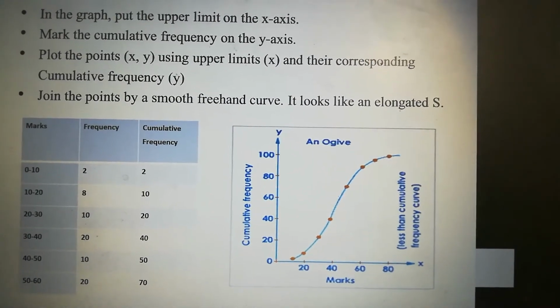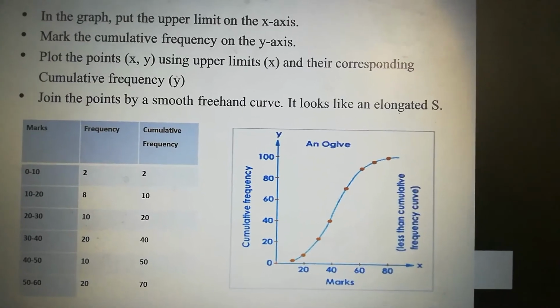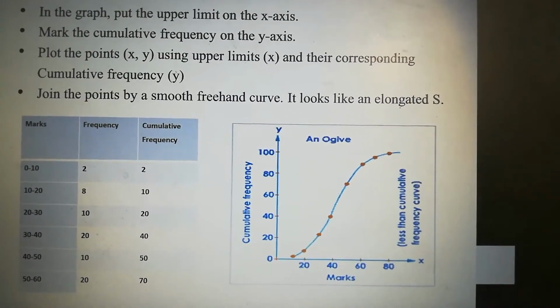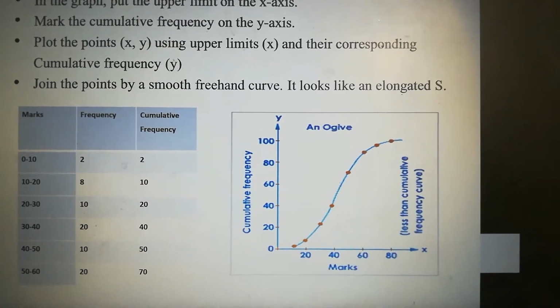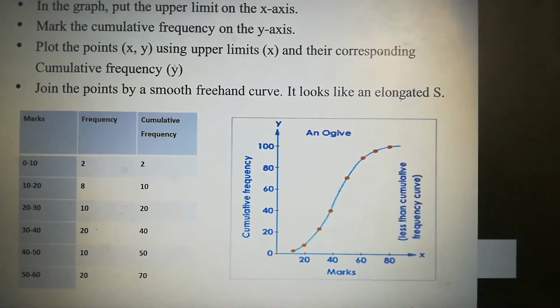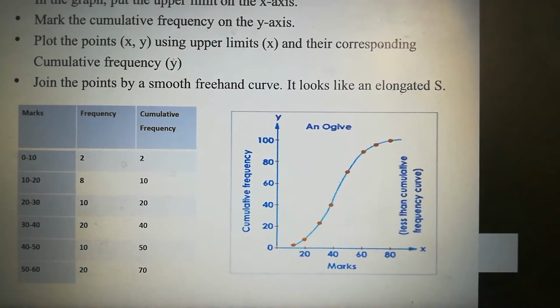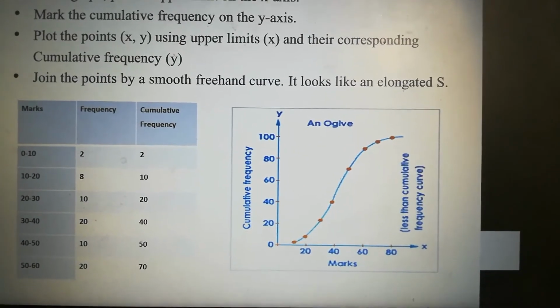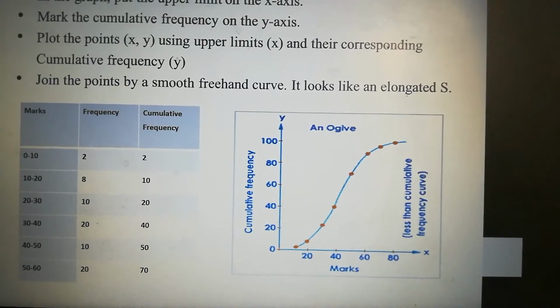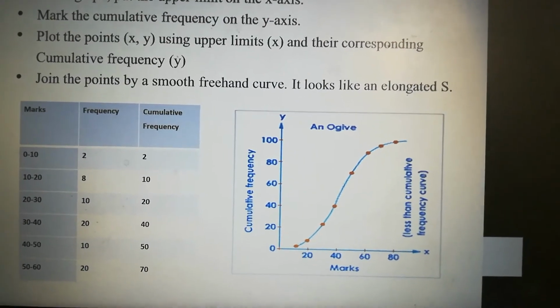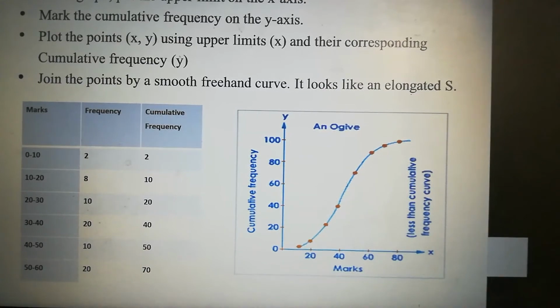Okay. So what do you mean by less than? How do we interpret it? How many observations are there less than, or how many people have got less than 50 marks?